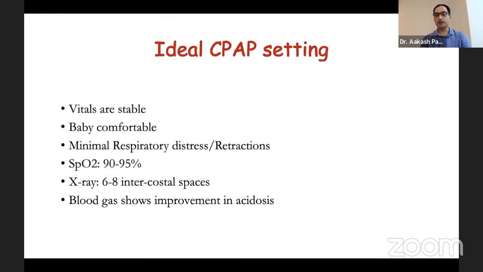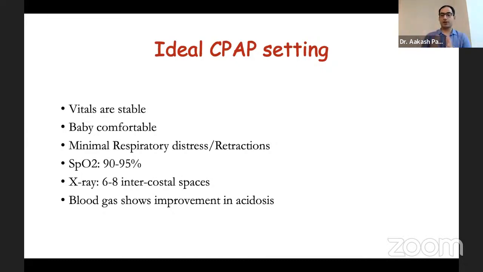Now, how do we define the ideal CPAP settings? For us to say that a baby is stable on CPAP or the CPAP settings are adequate, the vitals should be stable, that is, there should be no tachycardia, no apnea, the baby should not be fighting, he should be pink, his CRT should be less than 3 seconds, and the retractions should subside or be minimal. If they are still there, that means the pressures which we are giving to the baby are still low. Saturation should be within 90 to 95, as we have already discussed.